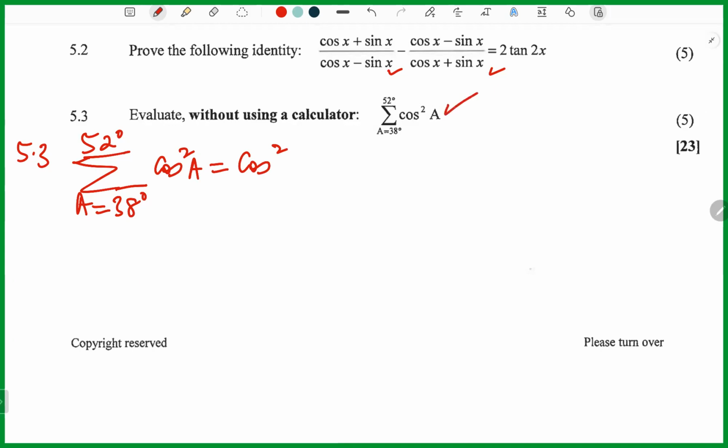This symbol is called sigma, and it denotes the sum; the result after addition is called the sum.